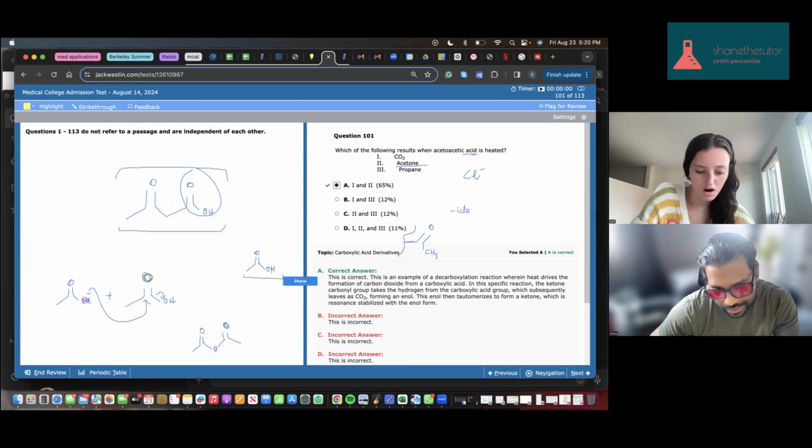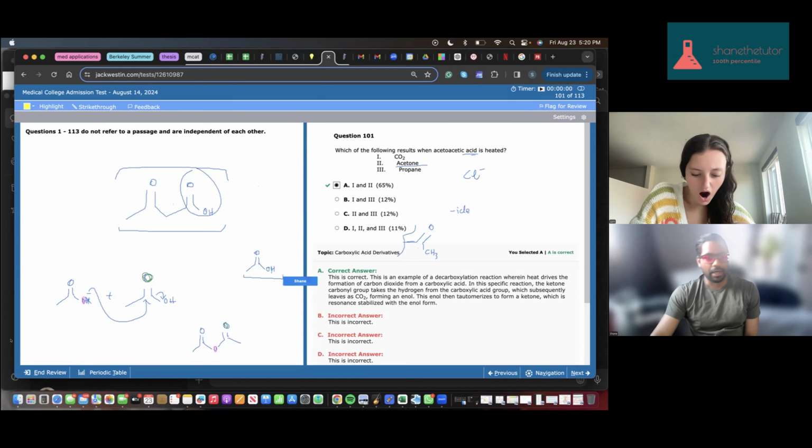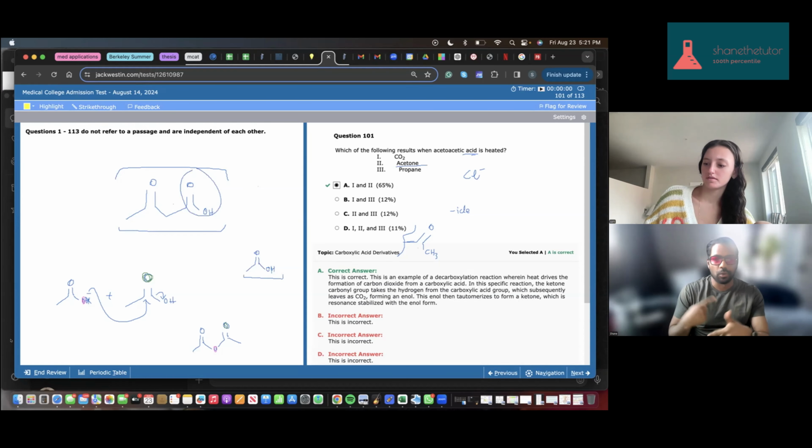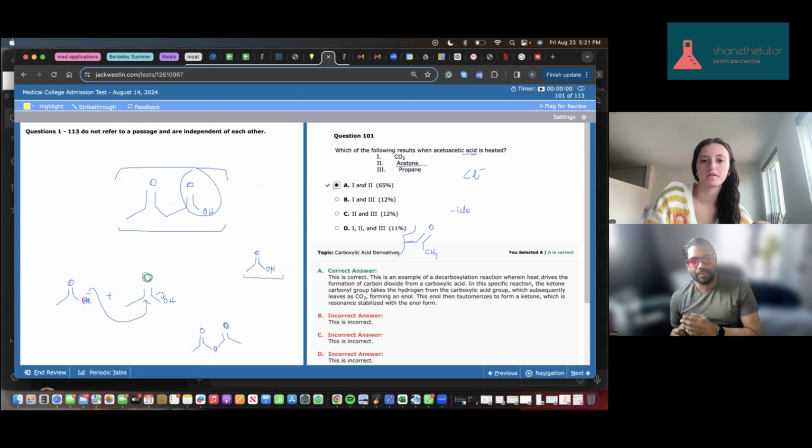So for the different groups, aldehyde versus ketone versus carboxylic acid versus ester, you'd want to see them as, okay, they all have the carbonyl group. It's just that the thing attached to that carbonyl carbon is different, and you want to know what the different ones are.